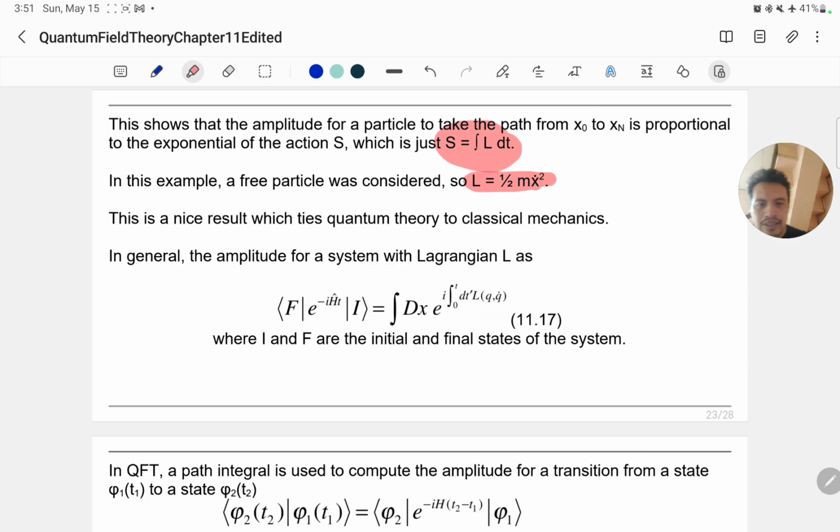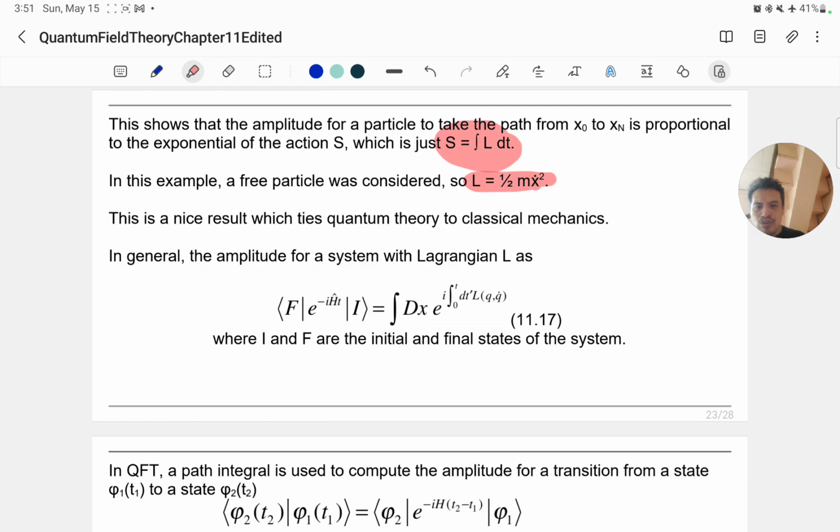So we've seen that in the calculation that we did. This is a very good result, and this will actually be the same for quantum field theory, tying up the quantum theory and the classical expression in a quantum theory.